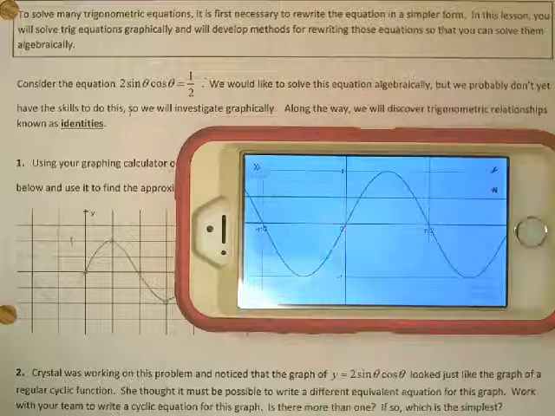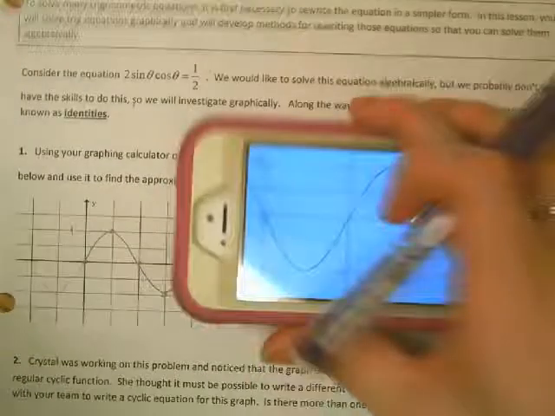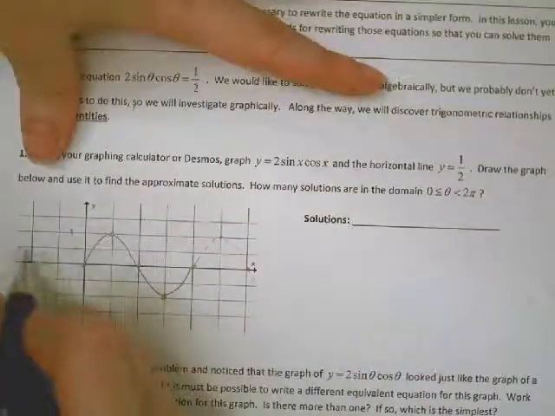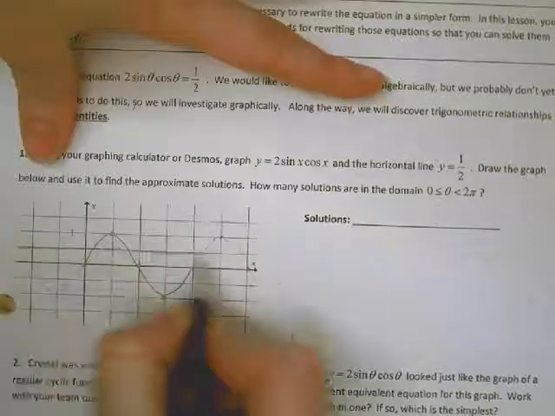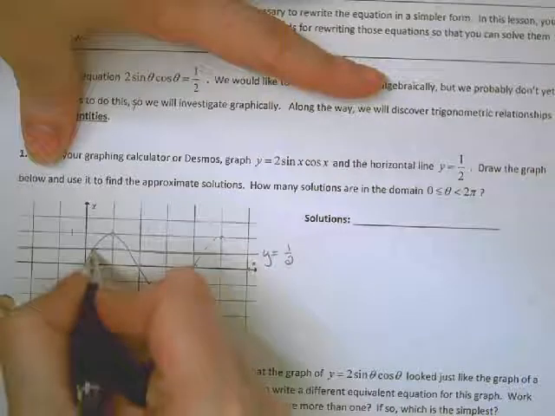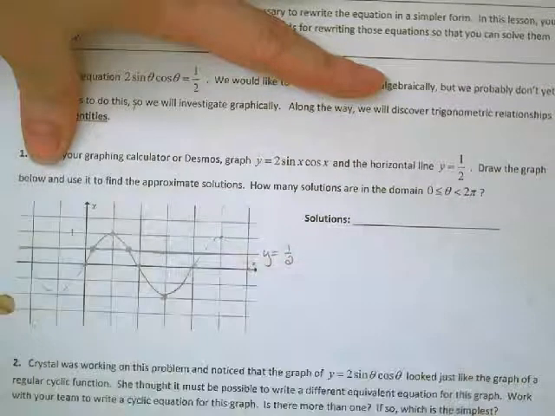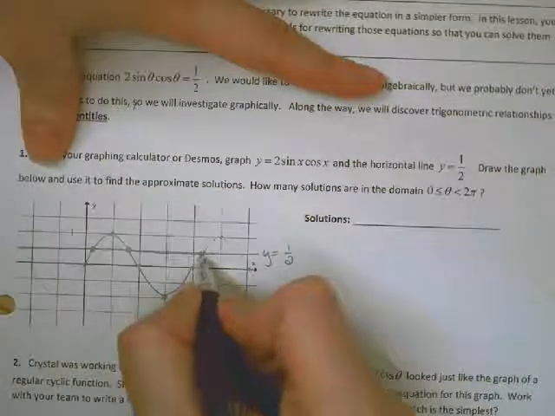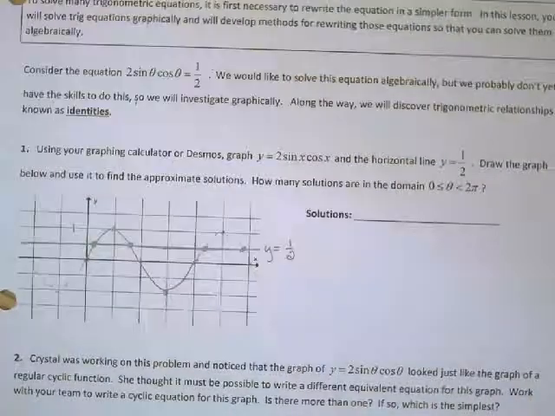So we can give some approximations there. So that's our y equals 1/2. So we have solutions here, here, here, and here on the graph that we can see.